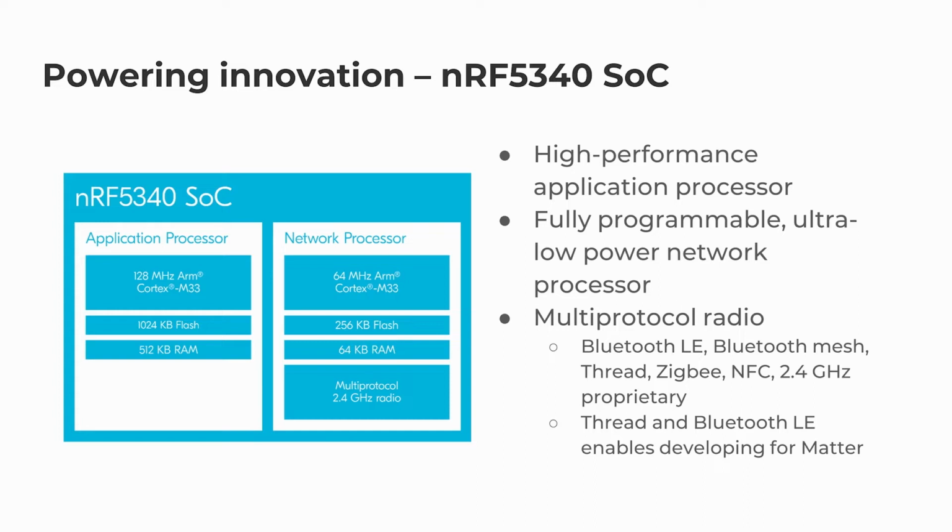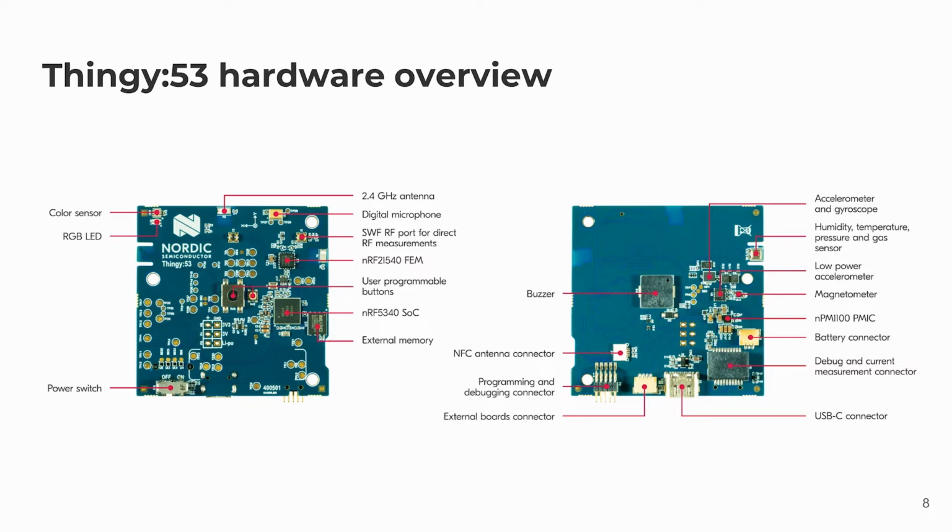This is typically where you would put your application if you were developing a firmware application for the nRF5340 SoC. This is where we will put the ML model, and the performance of this processing core allows it to run embedded ML models smoothly.